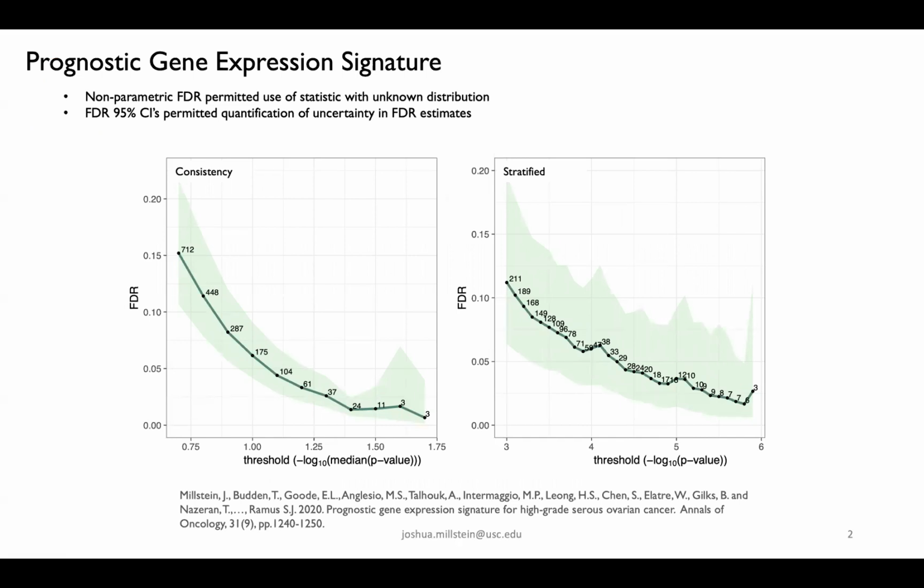So to motivate the concept of permutation-based FDR, I'll describe a study that I was involved in. This was an effort to profile tumor tissue samples from approximately 4,000 patients with high-grade ovarian cancer.